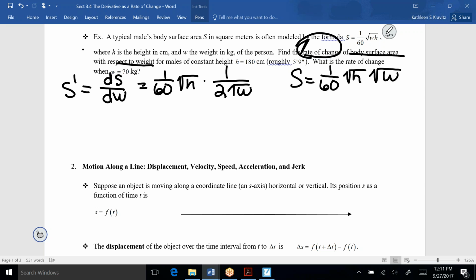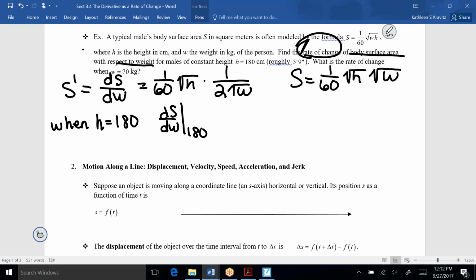So it tells us that we have a constant height h. So h is a constant, so we can plug that number in for h. So when h is equal to 180, our derivative, ds dw, and one way that we can show that we're going to evaluate that at 180 is just by drawing this horizontal line and writing 180 here, which means we're evaluating the derivative at 180.